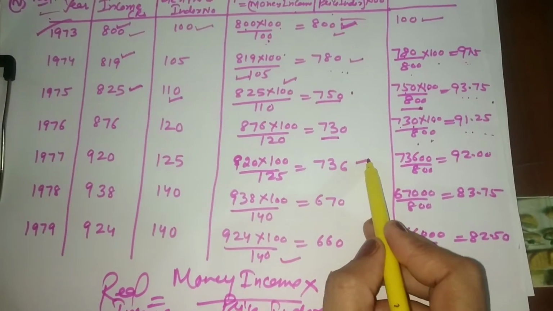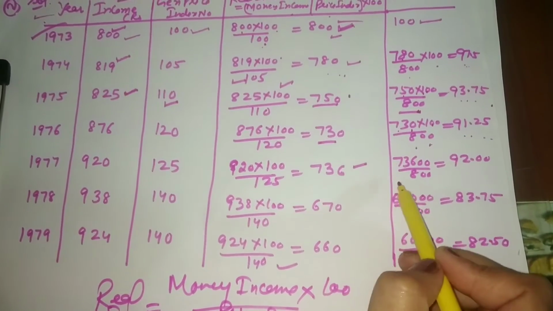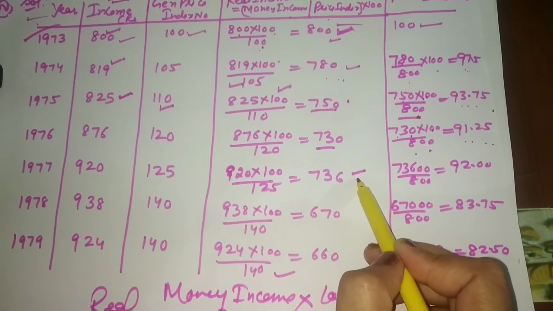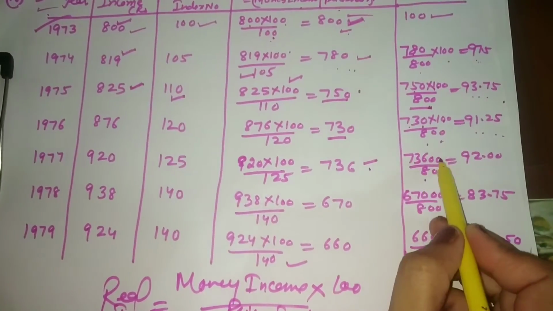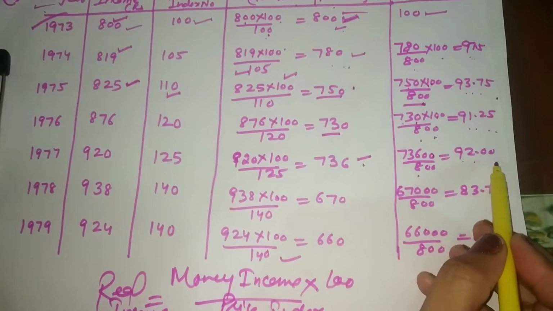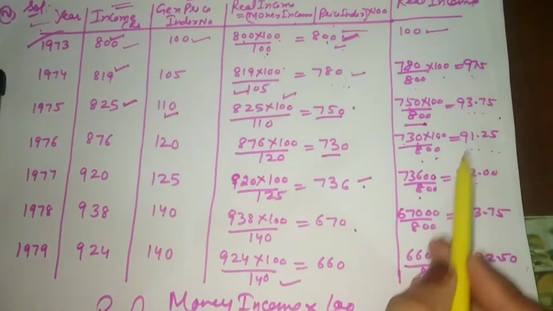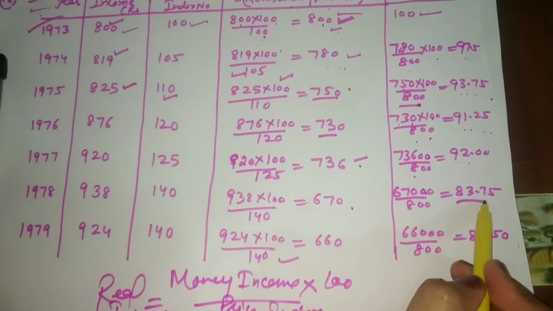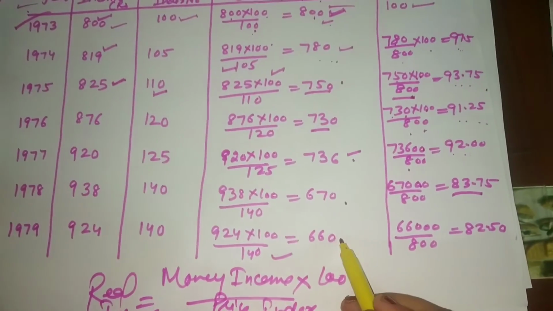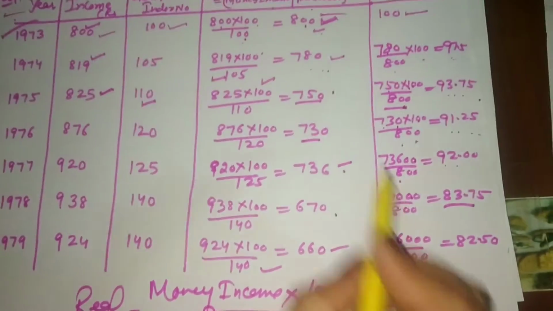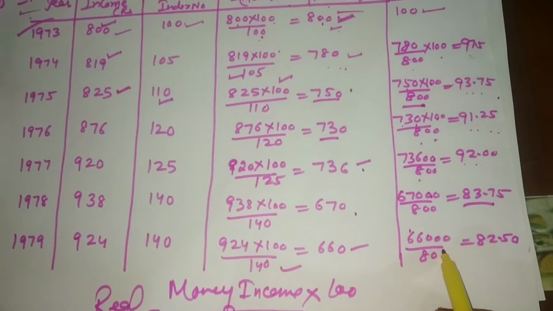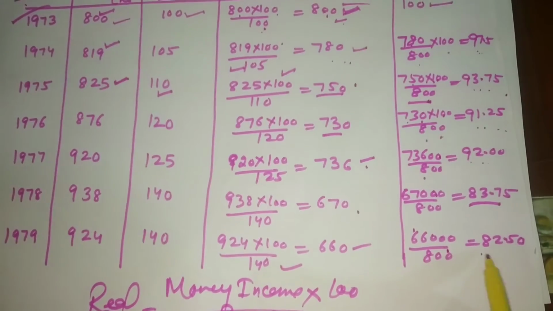Next for the next year 1977, that is 736 over 800 into 100. That means 92.00. Similarly 670 over 800 into 100, I am getting 83.75. And in this case 660 over 800 into 100, that means 82.50.